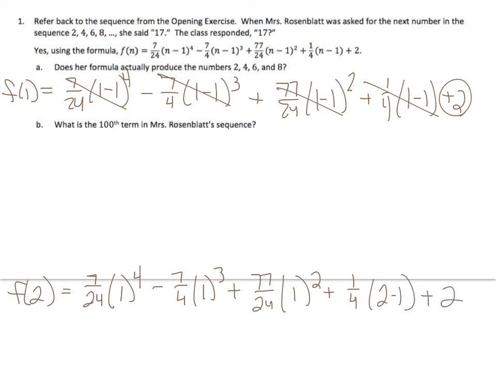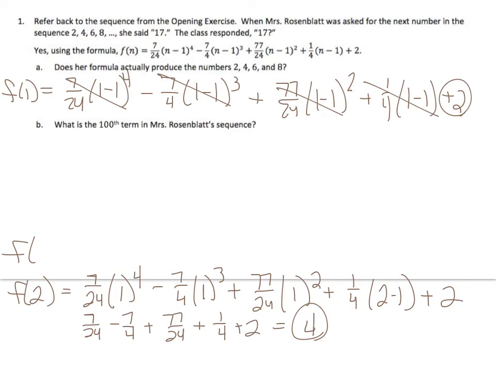If we do 7 over 24 minus 7 over 4 plus 77 over 24, plus 1/4 plus 2, we do in fact get 4. Amazing.